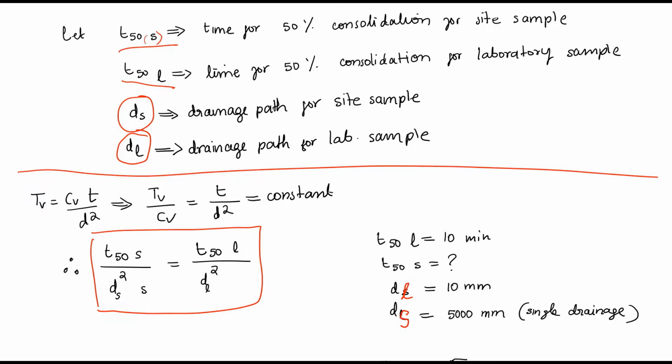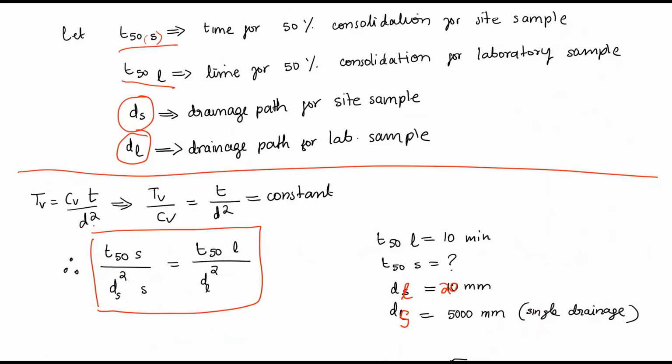So for the lab sample, which is 20 mm thick, the time required is 10 minutes. Now we have to find the time required for the site sample to reach 50% consolidation. T50S is to be found.